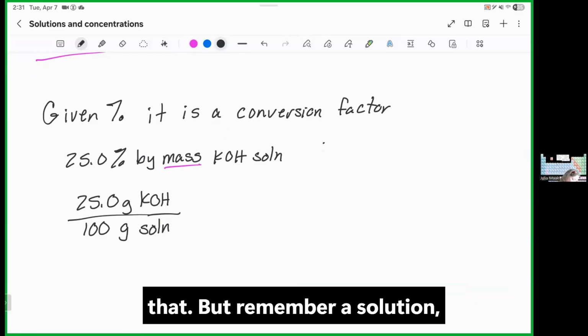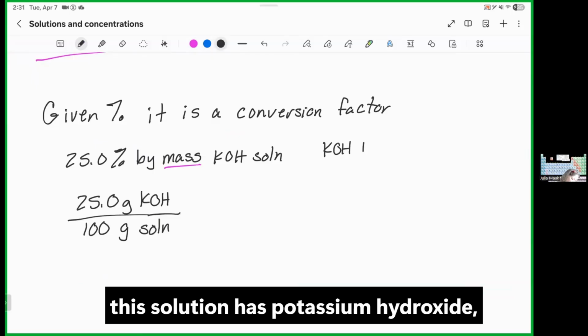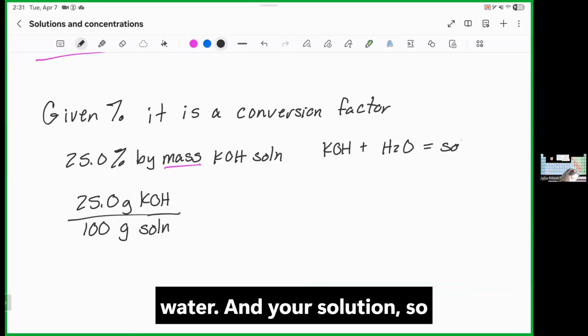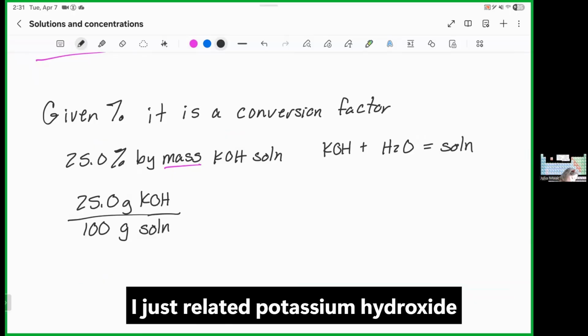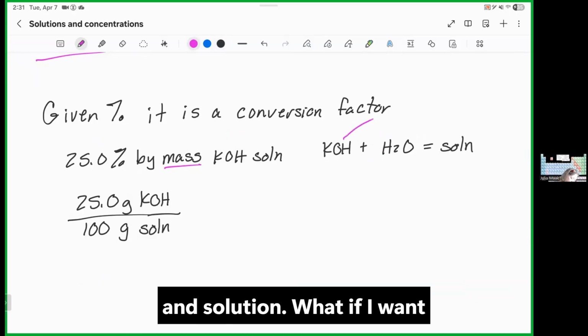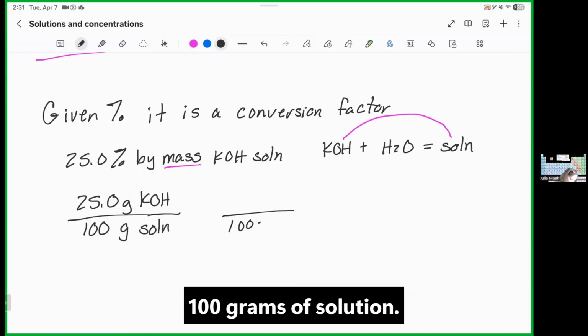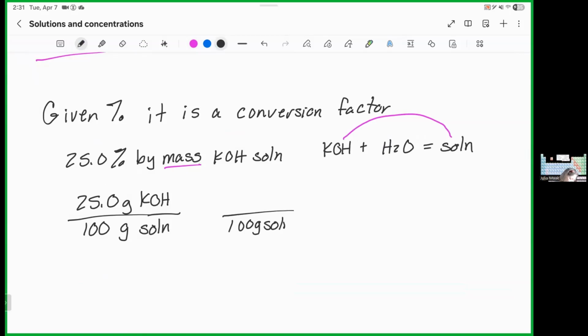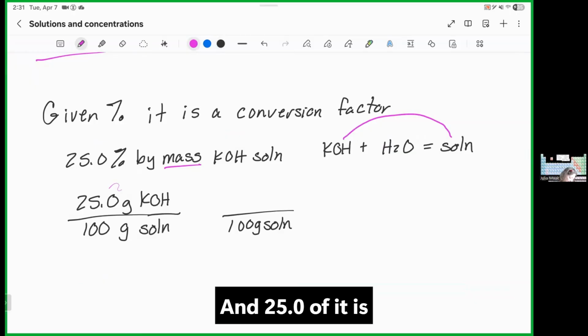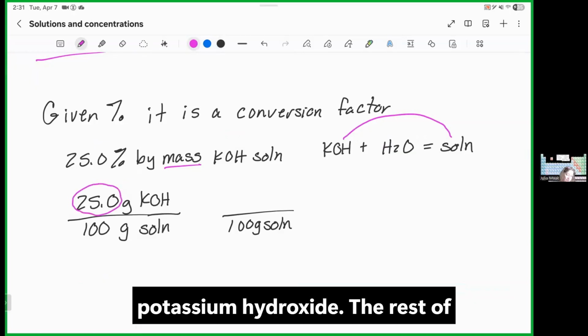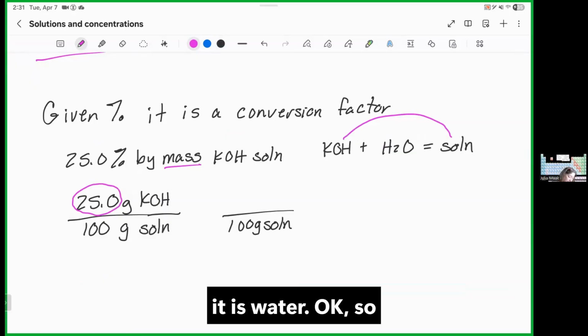But remember, this solution has potassium hydroxide and water. So I just related potassium hydroxide and solution. What if I want to know how much water is in there? Well, if I have 100 grams of solution and 25 of it is potassium hydroxide, the rest of it is water.